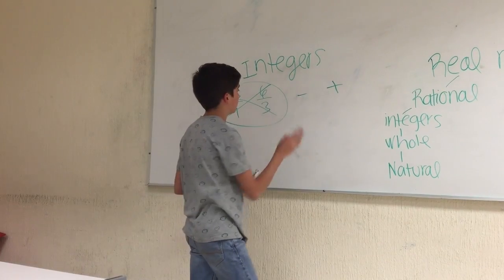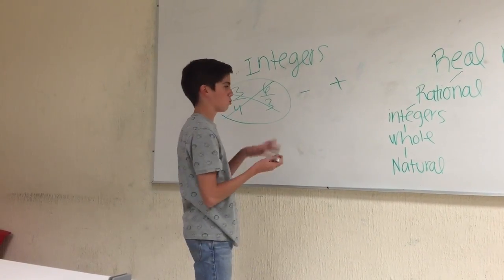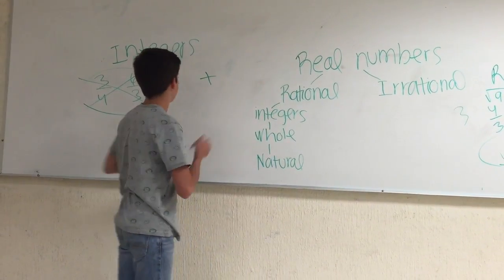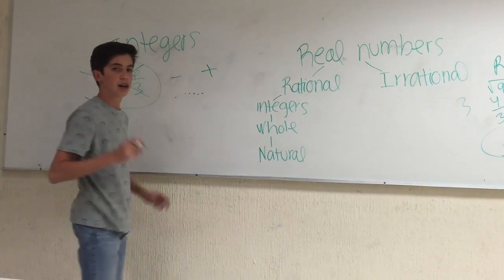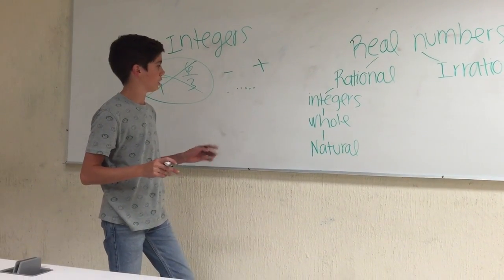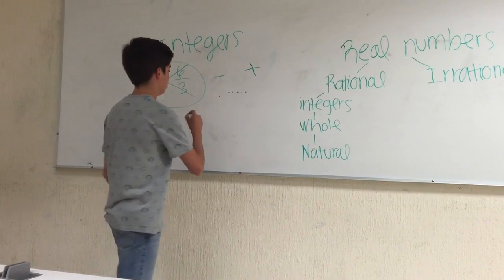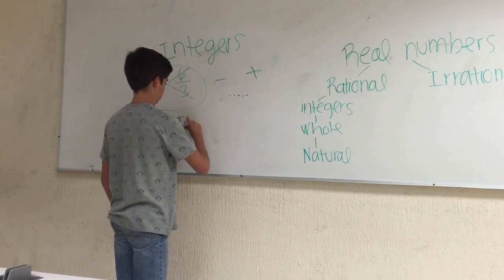So the only thing we have to remember is that they're exactly the same as rational numbers, except that they can't have any decimals left or fractions. So integers, let's just write integers.